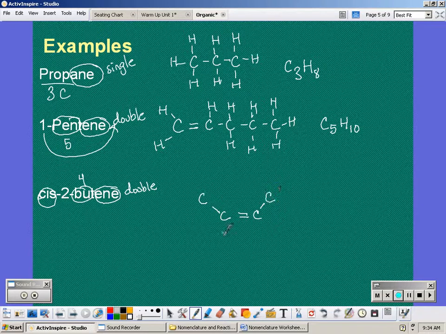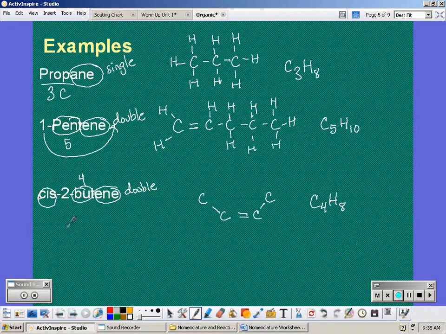So then I would have my hydrogens down here at the bottom. Now you don't have to write hydrogens, you could just leave it with the carbons because it's understood in organic chemistry that the rest of the bonds would be hydrogen. So what would the formula be? You would have C4, and then because there's a double bond, we would just double our number of carbons. So it'd be C4H8.